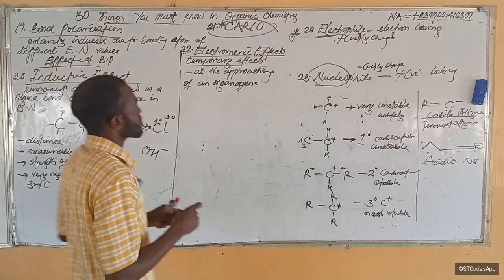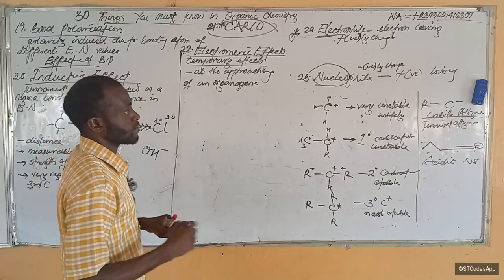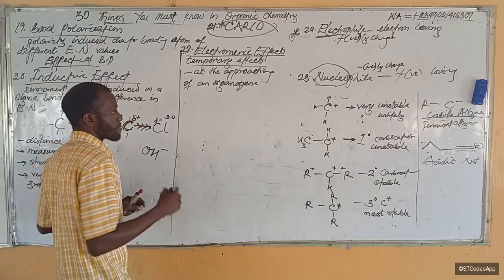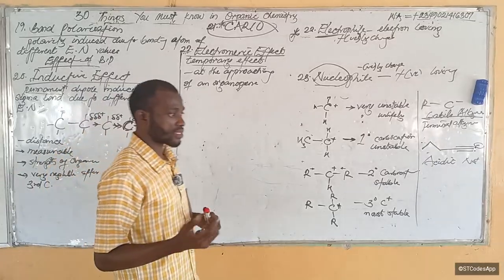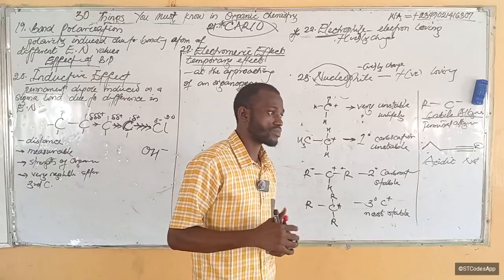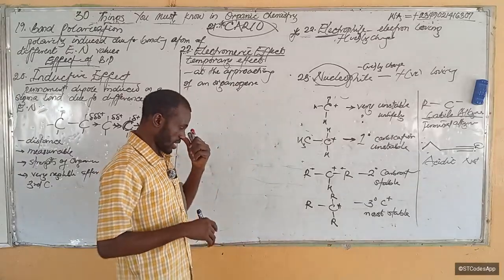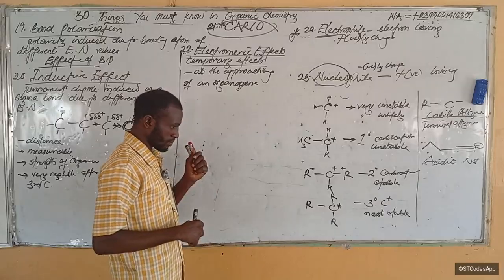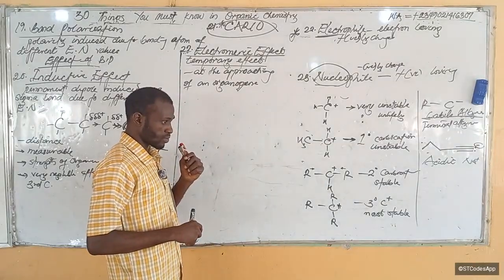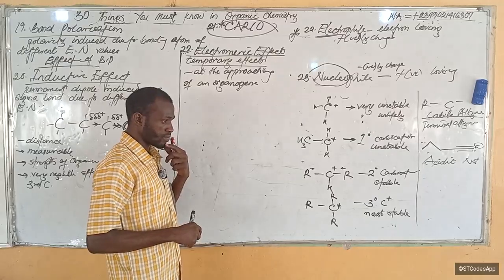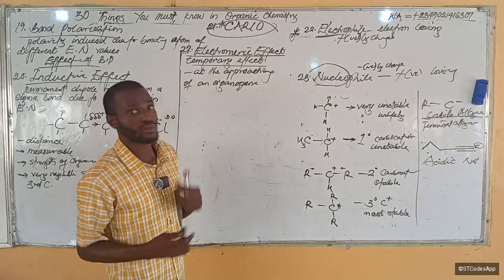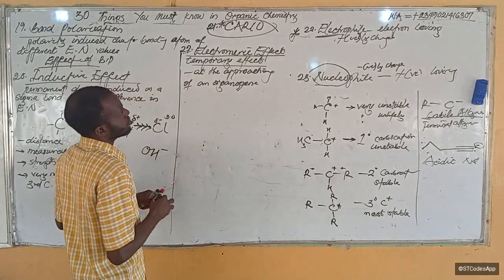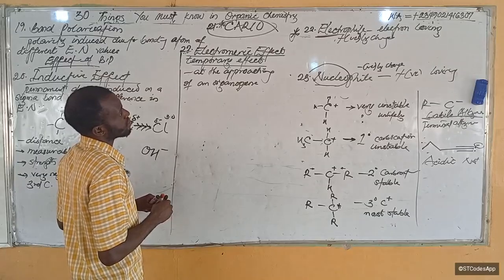Now, like I was saying, let's look at the case of, which chemical reaction should I use now? Do you remember the Markovnikov rule? I want to talk about the electromeric effect.